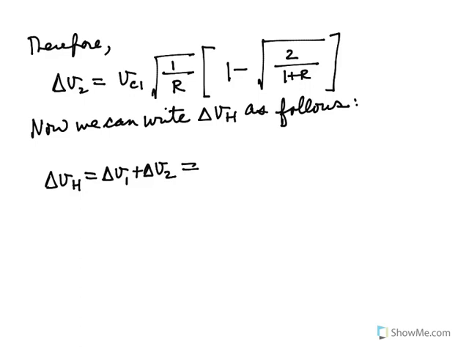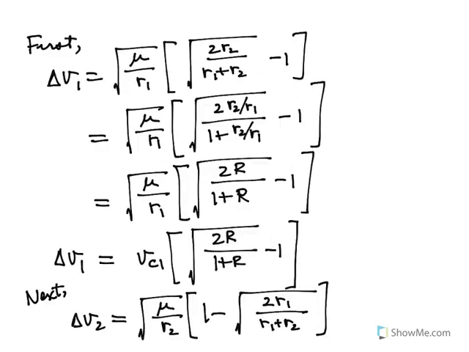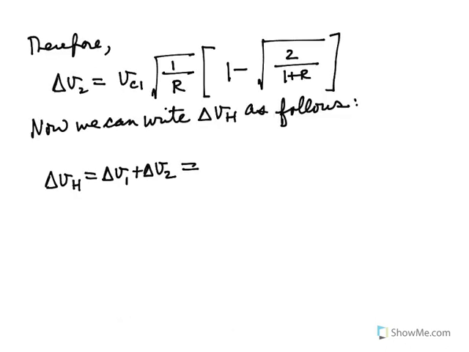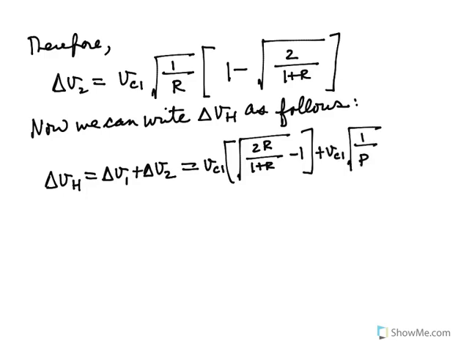Now I've got this in terms of everything I want. So let's go back and get delta v1. I've got vc1 times the square root of 2r all divided by 1 plus r minus 1. And then I've got plus vc1 times the square root of 1 over r times 1 minus the square root of 2 over 1 plus r.